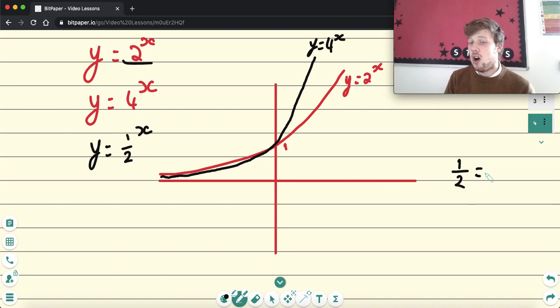I know that a half, well, if a 2 is along the denominator, that can be written as 2 to the negative 1. So therefore, I now have y equals 2 to the power of negative 1 and x, so it's to the power of negative x. So therefore, every time I substitute in an x value, it's going to give me the corresponding opposite to the one that I had earlier. So a value of 0 and 1 is going to stay the same for both graphs.